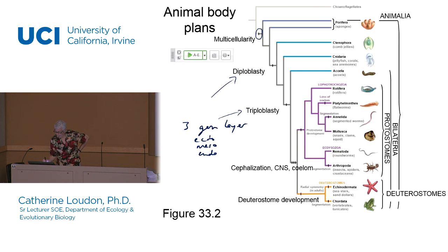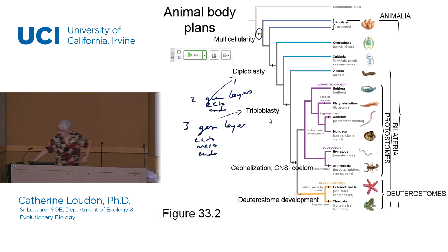Diploblasty simply refers to having 2 germ layers. So this is ectoderm and endoderm without mesoderm. These animals tend to be much, much simpler in structure. And you can see that there's a relatively small number of representative animal phyla that only have 2 germ layers. So by far, most animals have 3 germ layers.